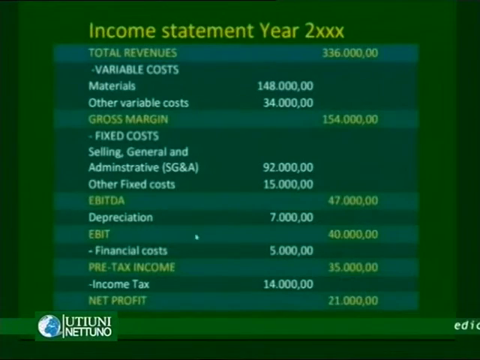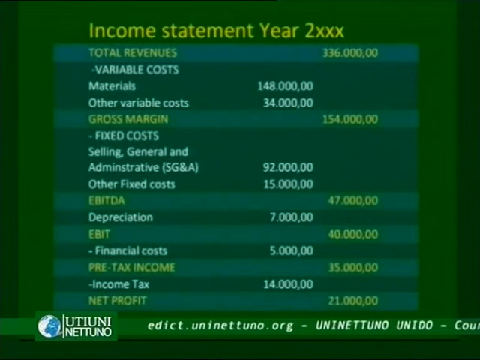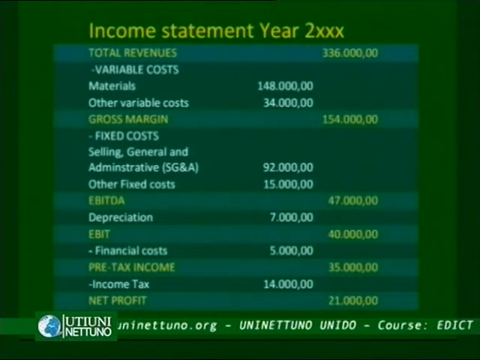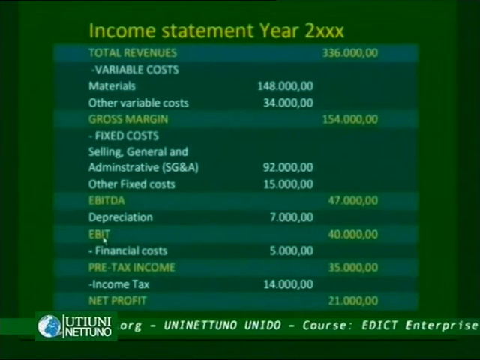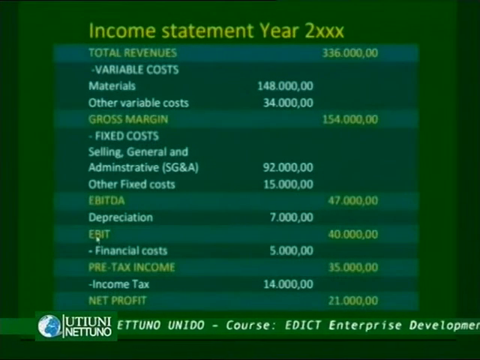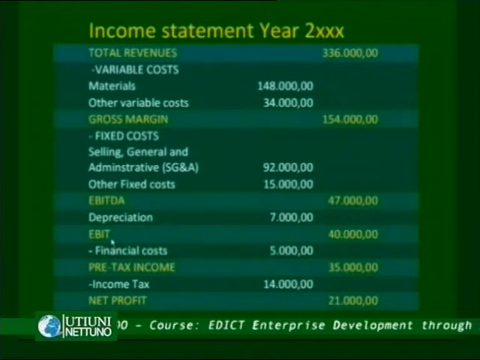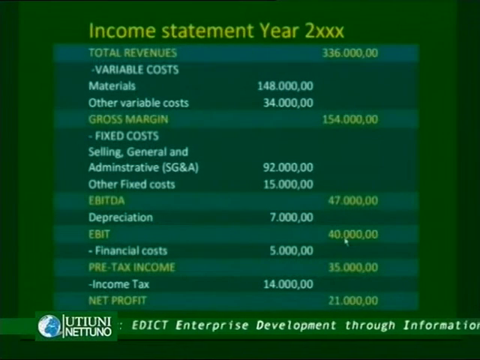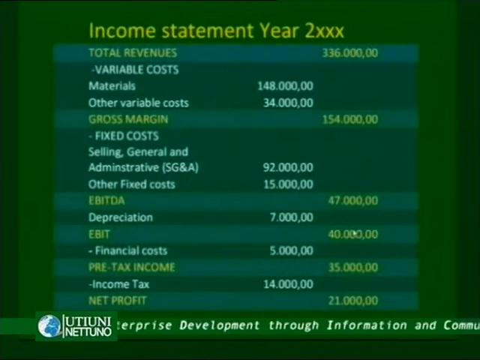Then after the EBITDA, we subtract depreciation related to the fixed assets that have been bought for this project. And when we subtract depreciation from EBITDA, we find another margin that is the EBIT, that stands for earnings before interest and taxes, that is equal to $40,000.